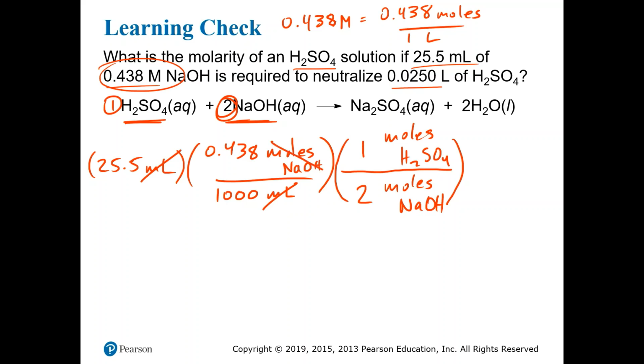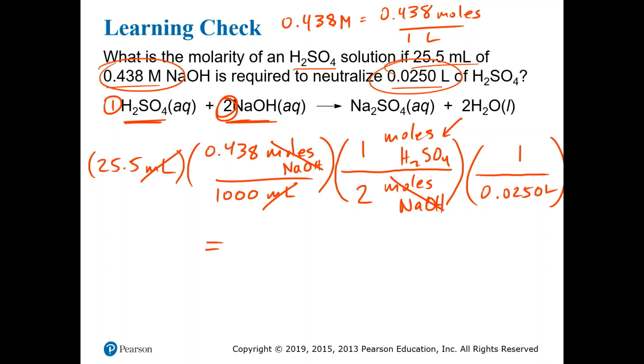This moles of sodium hydroxide cancels the denominator unit here, and so we're ending up with moles of sulfuric acid at this point. And again, if you recall the concentration formula, the molarity of the sulfuric acid is going to be the moles of H2SO4 divided by the volume, which is 0.0250. So we can just take this value and divide it by that volume in liters.